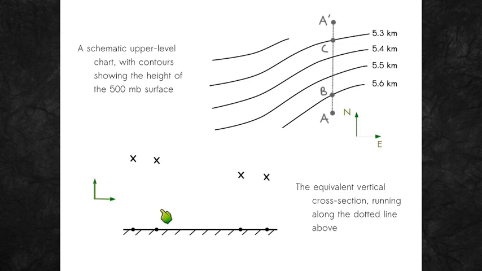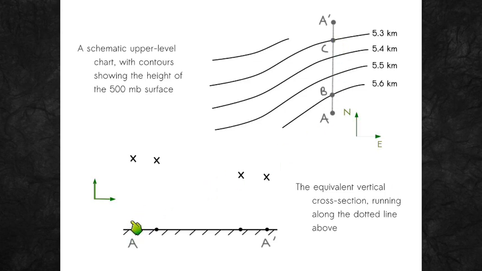So if I look at my cross section from the side, the places where I've got my 500 millibar level being higher above sea level, over here to the left, that must correspond to A. Whereas up here, where the 500 millibar level was closer to the ground, 5.3, that's got to be the north side. That's got to be A prime, right?